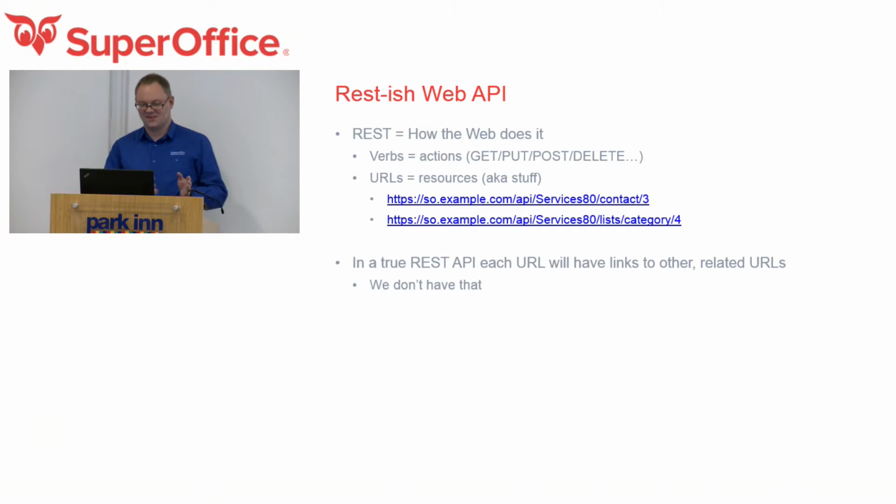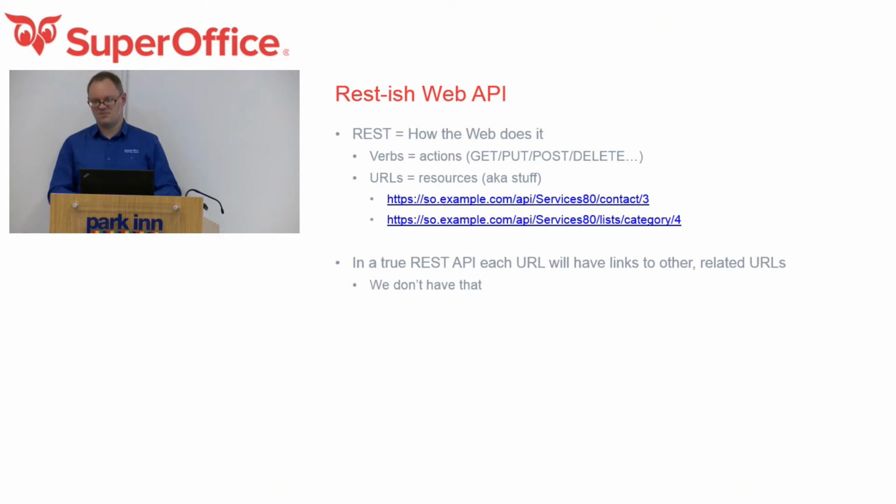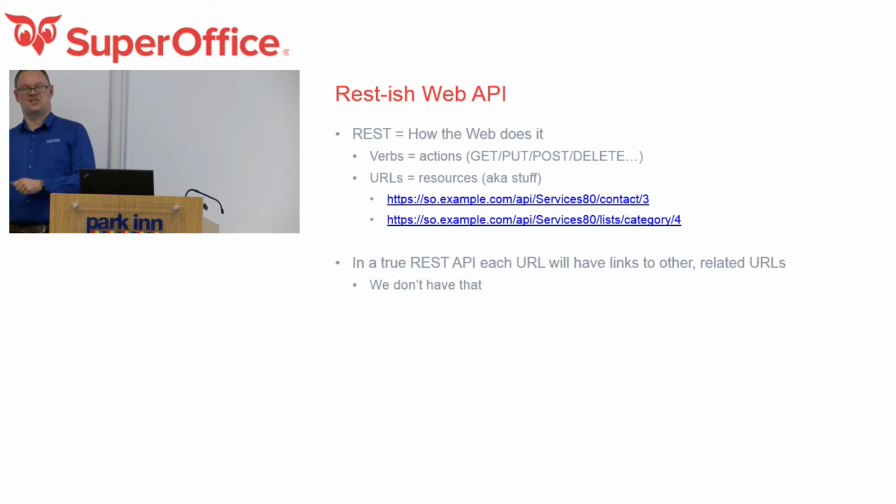There's an API, and underneath there's a version, and then underneath that there are various things. Now, my brother does REST API stuff professionally, so I have to explain that this is REST-ish. It's not true REST.